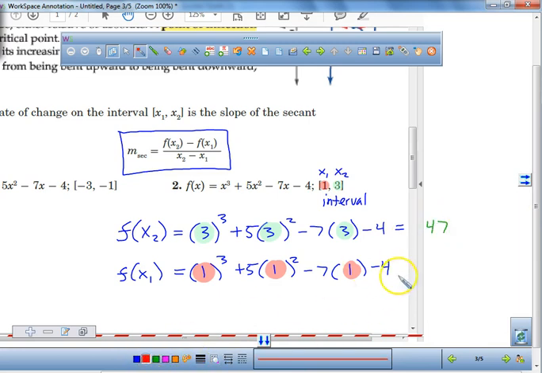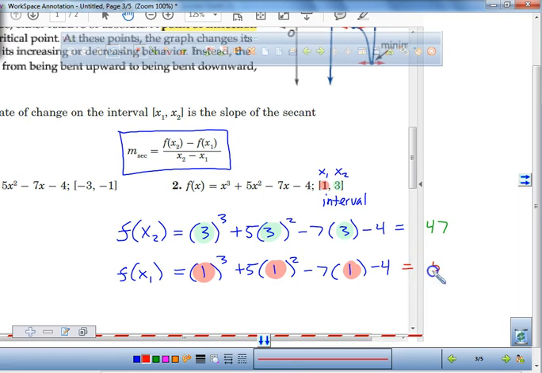So all of this ends up equaling 47, and all of this ends up equaling -5. So let's use this formula right here. We have f of x2. So right here we're going to put a 47 minus. What are we going to plug in right here for our x1? We're going to plug in -5. Very good.